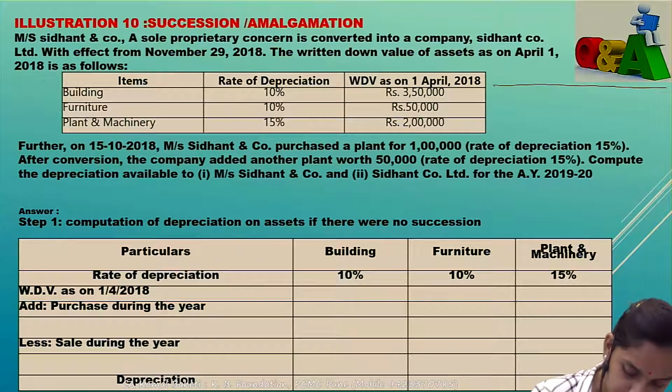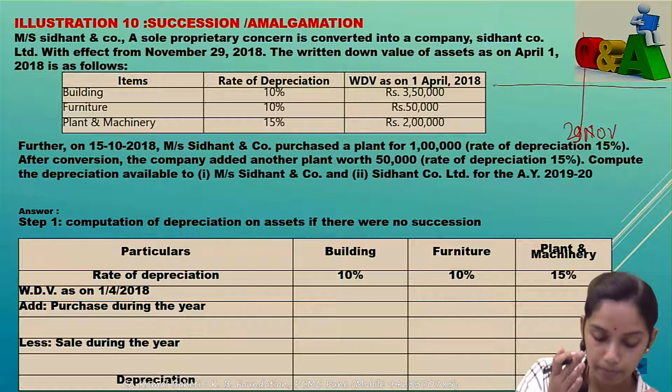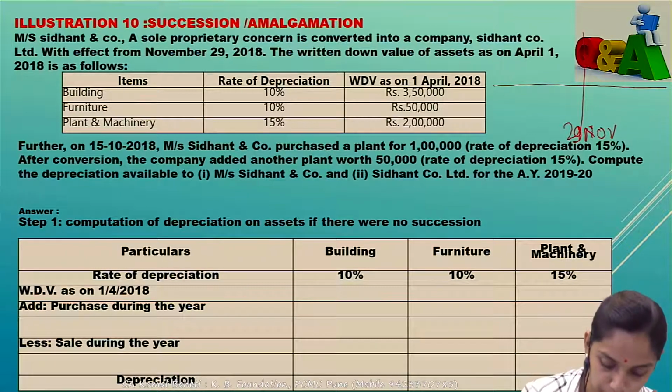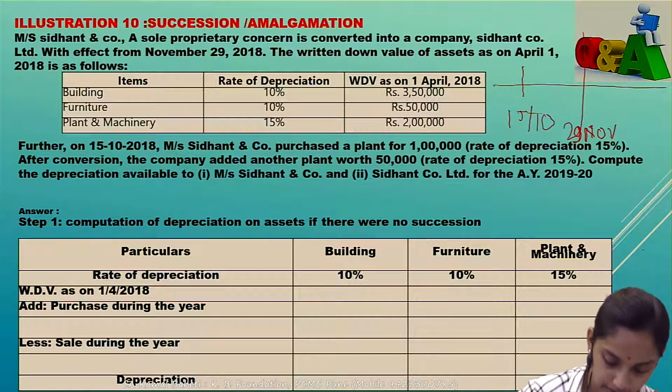Try to understand the chart. On the 29th of November, the succession had taken place. कब? 29th of November को. Correct. Before that only, on the 15th of October, a new plant and machinery.